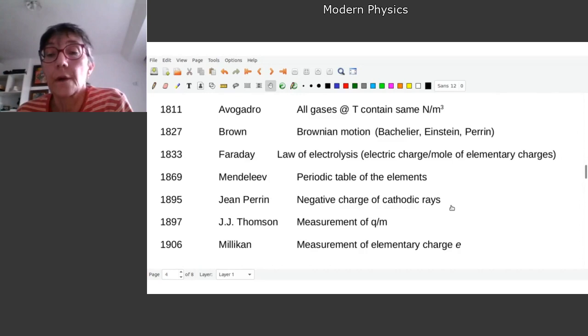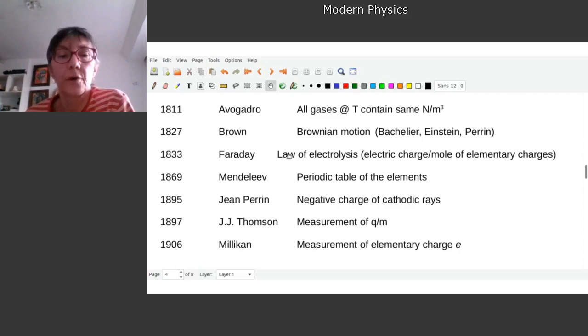It is the charge per mole of elementary charge. So he saw there was a relationship between the quantity of ions, basically, and the electricity, and this quantity F, which is the constant of Avogadro times the elementary charge, is 96,000, something like that.